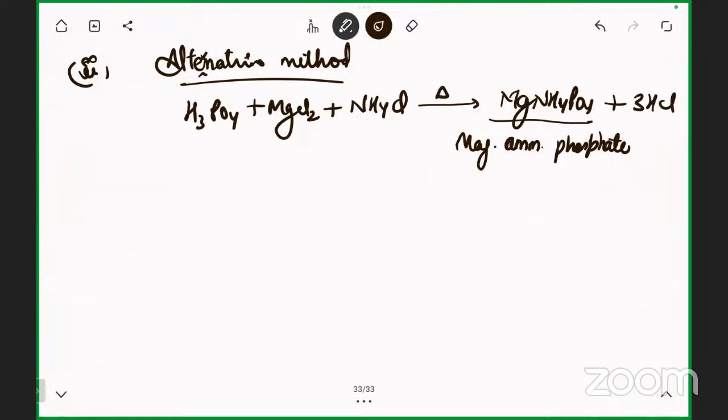On heating, the phosphoric acid which is formed in the Carius tube reacts with magnesium chloride and ammonium chloride in the presence of heat, and forms magnesium ammonium phosphate. Generally there is a precipitate of magnesium ammonium phosphate, which is white in color.